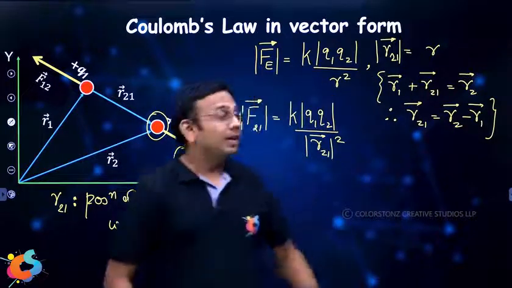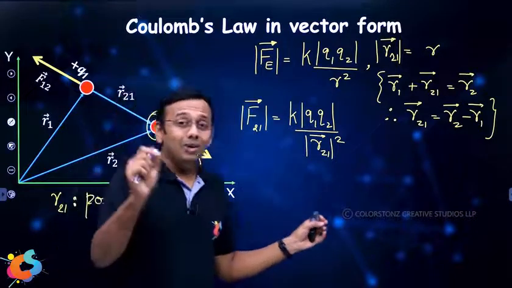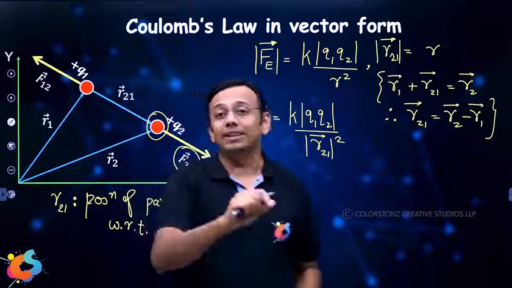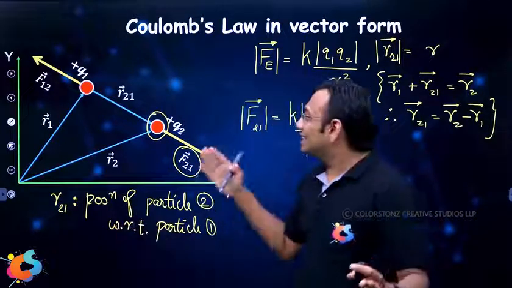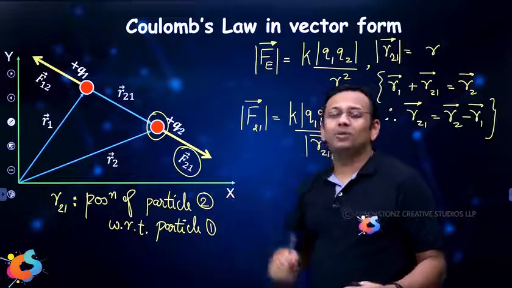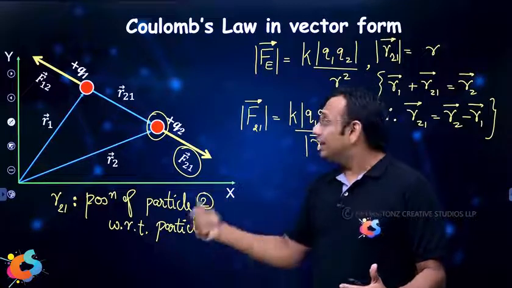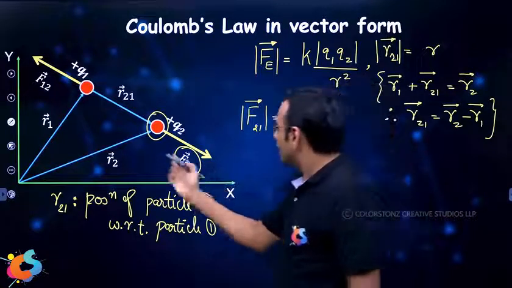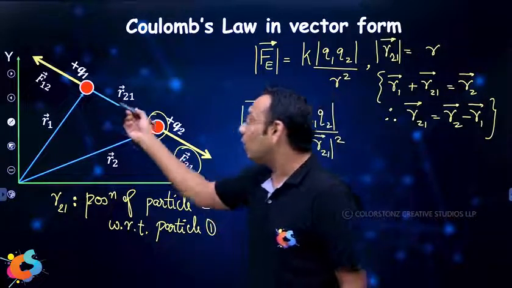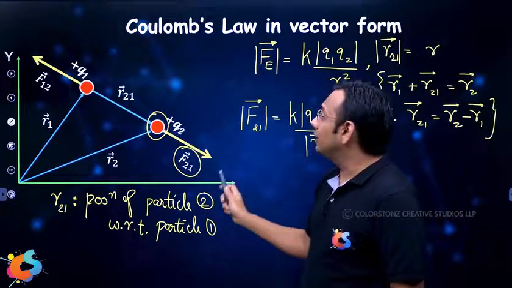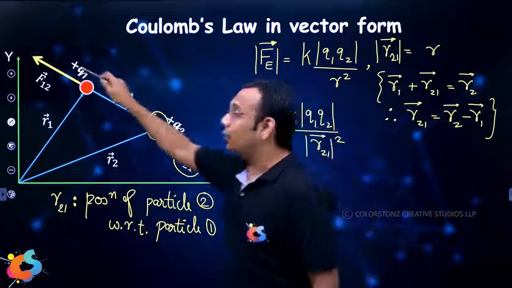Because magnitude of R21 is nothing but the separation between the two charges. Now, this includes only the magnitude. We had said we want to involve the direction also. So how do we do that? We can observe from the diagram carefully that we already have a vector in the direction of this force. The F21 vector is simply in the direction of R21, and similarly F12 will come in the direction of R12.